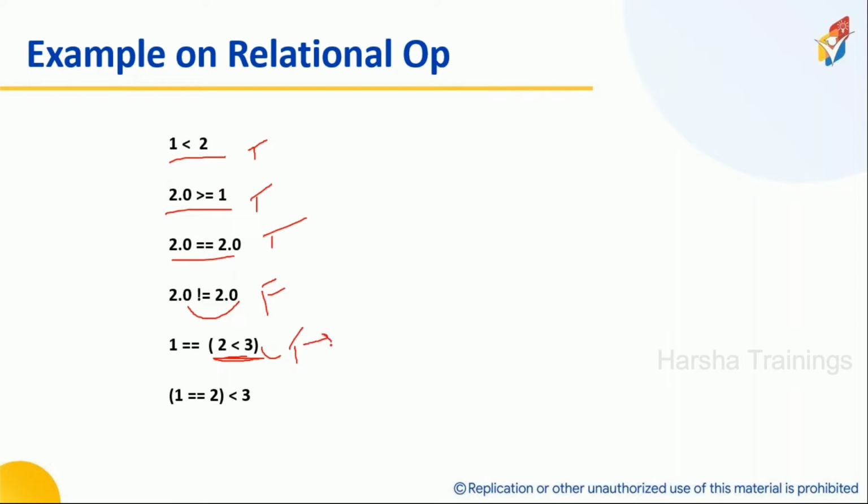In Python, true is represented as anything other than 0, minimum 1. So 1 double equal to 1 is finally true. Will you agree? Yes. Now 1 double equal to 2 is false. False is represented as 0. So 0 is less than 3, true. Clear?